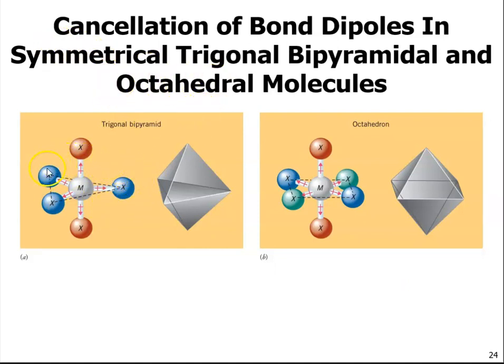Here are some other examples where we have the cancellation. If we have some groups out here that are negatively charged, these blue molecules on the outside, and then maybe we have two of the similar kind that are also attached. These are some examples of where we would have dipole cancellation because we'd have the same types of compounds on the exact opposite side of the element.